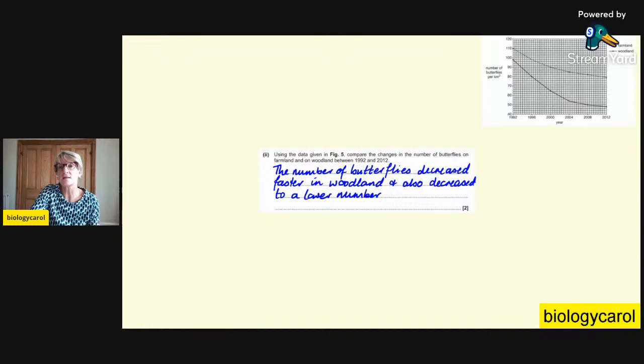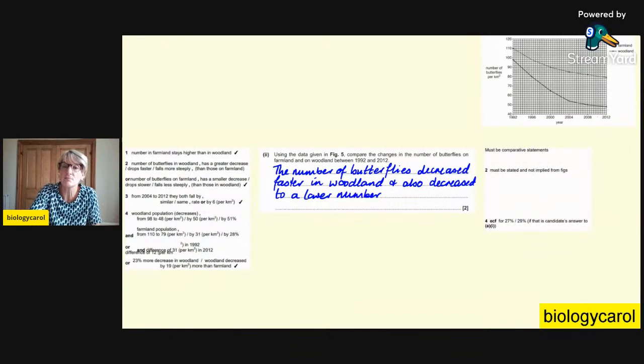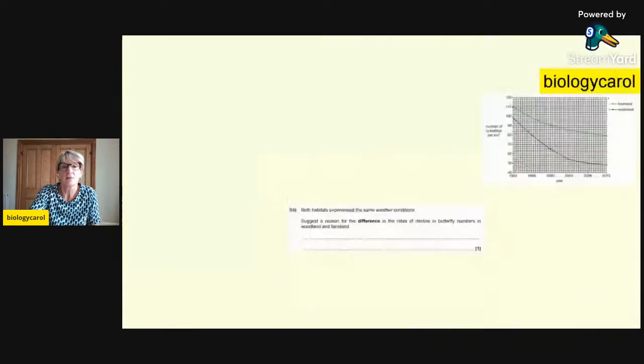Notice the slope is steeper, and it also decreased to a lower number than in the farmland. I didn't have to say that in the farmland because there were only two things. So notice there must be comparative statements up here. Anyway, I get mark point 2, I get the 2 marks there.